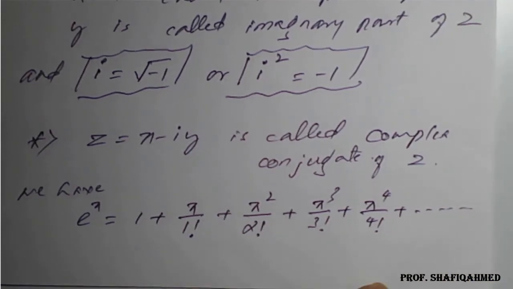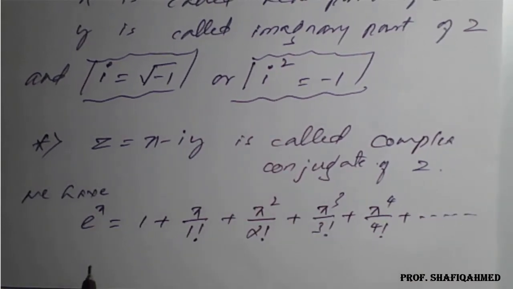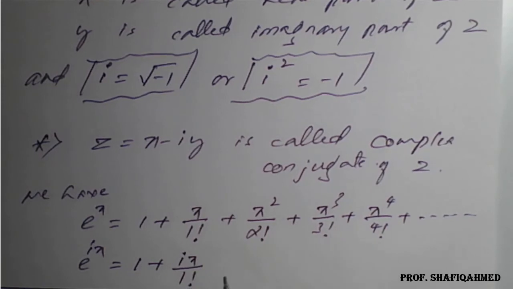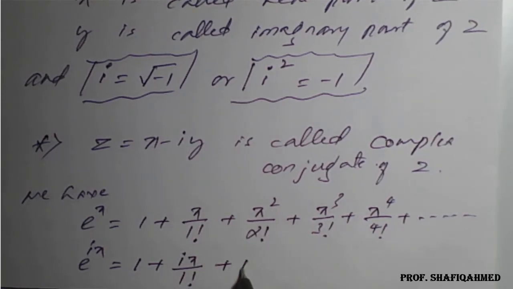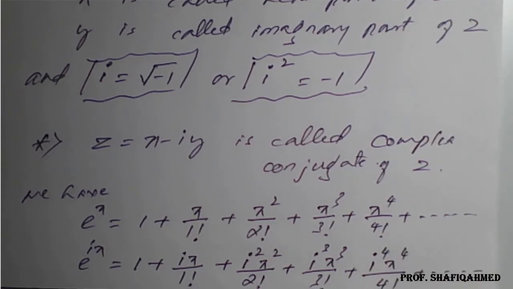So this result already you have calculated using Maclaurin series and all. So similarly, e raised to ix, this is a complex number, it is also given by 1 plus ix upon 1 factorial plus i square x square upon 2 factorial, plus i cube x cube divided by 3 factorial, plus i raised to 4 x raised to 4 upon 4 factorial plus so on.